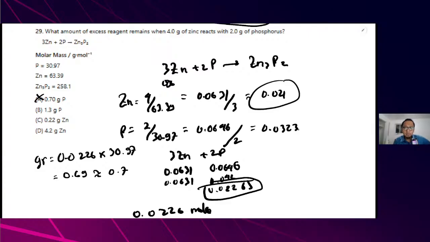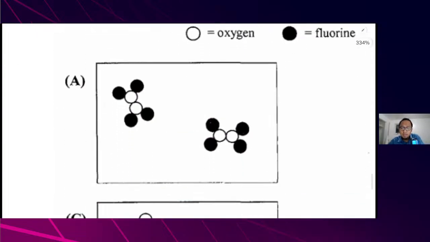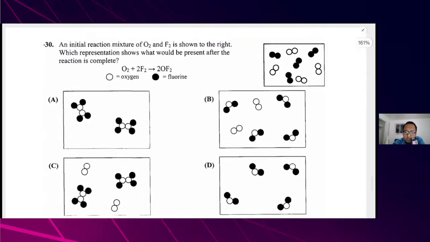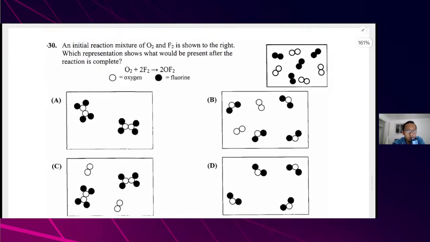So let's take a look at the key. Yes. The last question of this section, which is stoichiometry. For the next part, we are discussing solution, aqueous reaction part 1.